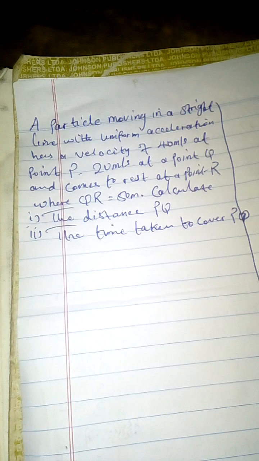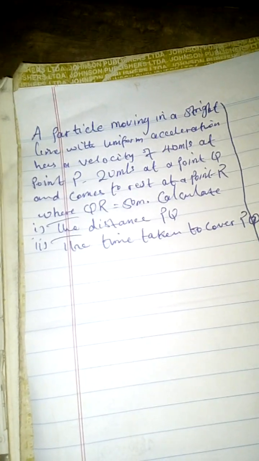The question says a particle moving in a straight line with uniform acceleration has a velocity of 40 meters per second at point P, 20 meters per second at point Q, and comes to rest at a point R, where QR is equal to 50 meters.